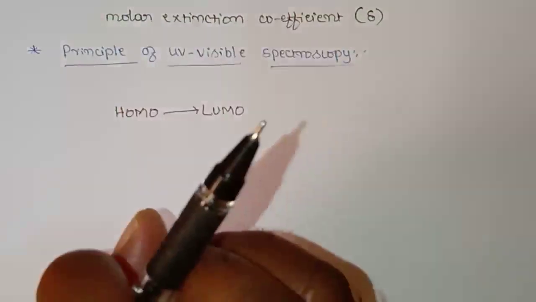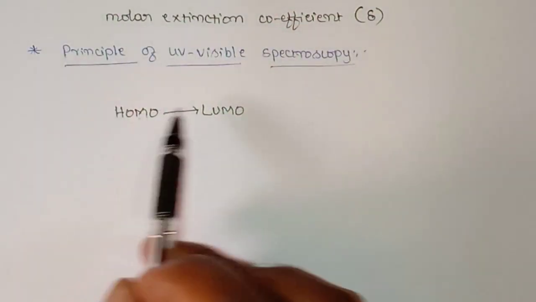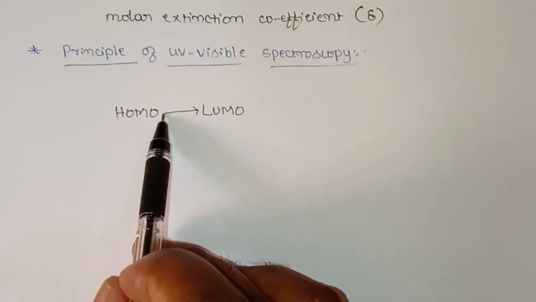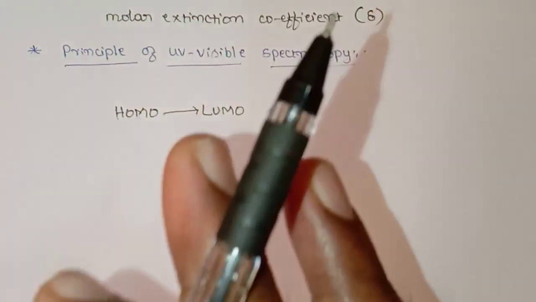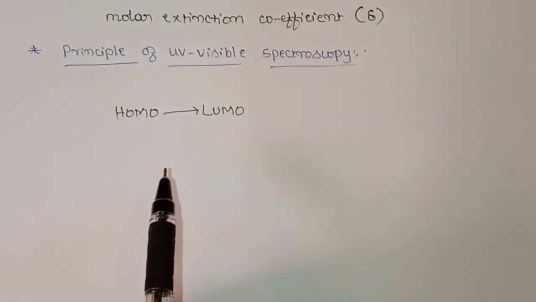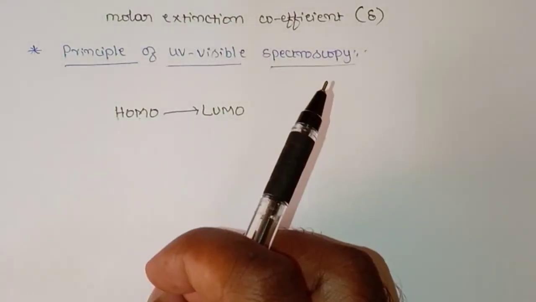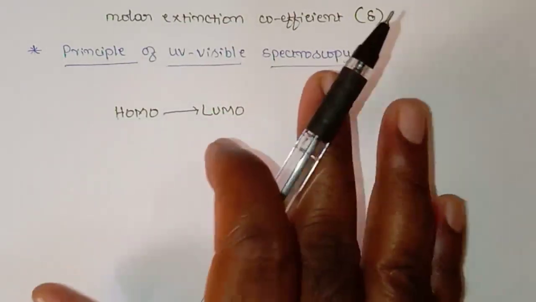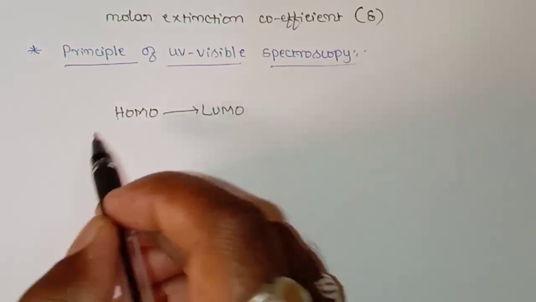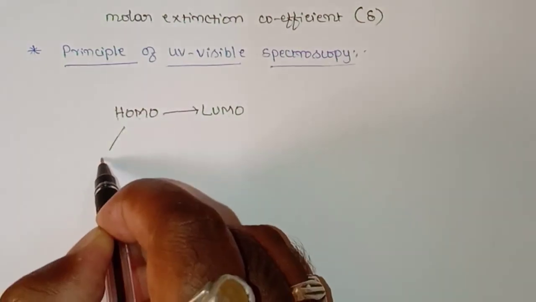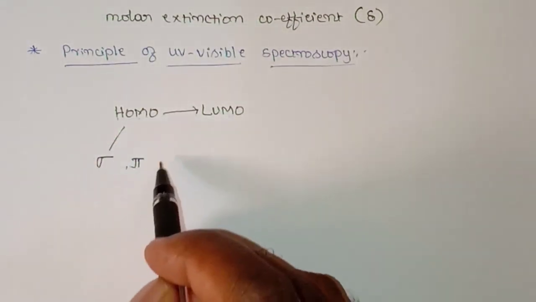When UV or visible radiation is passed on to the sample, the electronic transition occurs from HOMO to LUMO, that is, from the highest occupied molecular orbital to the lowest unoccupied molecular orbital. But we should know between which molecular orbitals the electronic transitions are permitted and which are not. In the HOMO you will have sigma and pi molecular orbitals, completely filled with electrons.